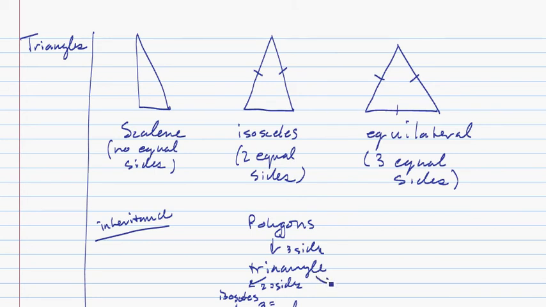Now if you have no equal sides, then it is a scalene. So as you go down the tree of inheritance, you get more specific. You're adding more requirements on your polygons. And the cool thing is, if you go up, anything lower on the tree will have all the properties of what is above it. If you are an equilateral triangle, you are also isosceles, you are also a triangle, you're also a polygon.